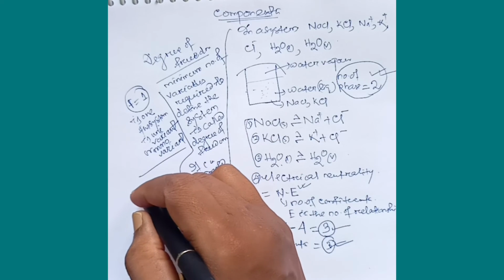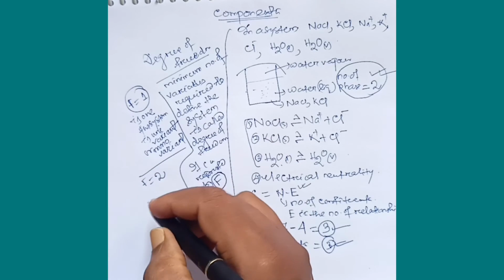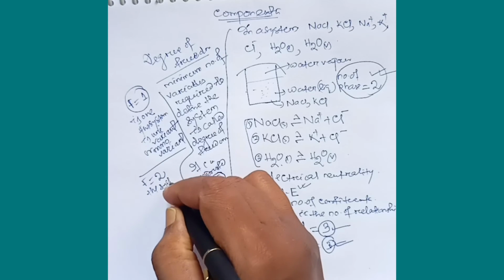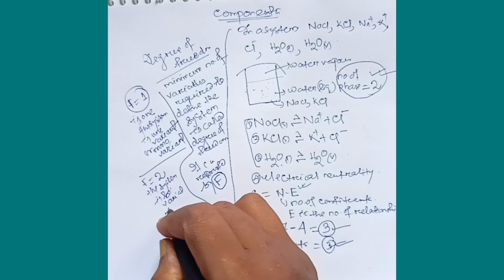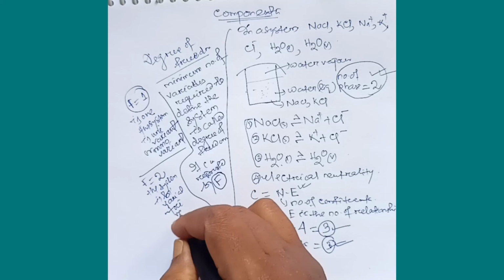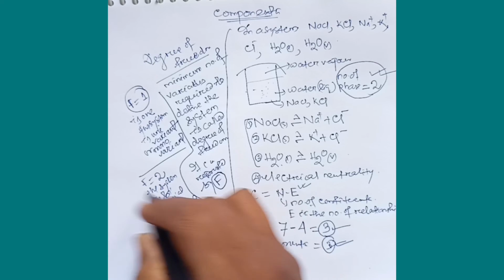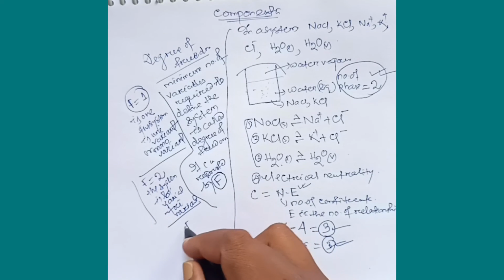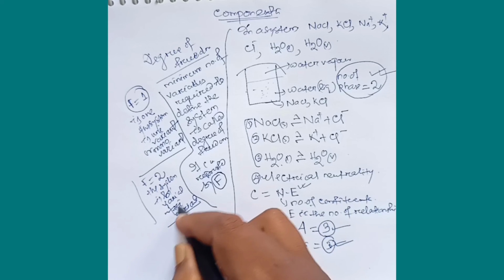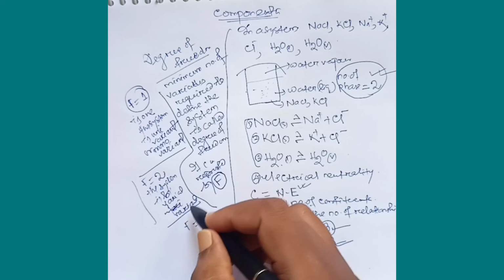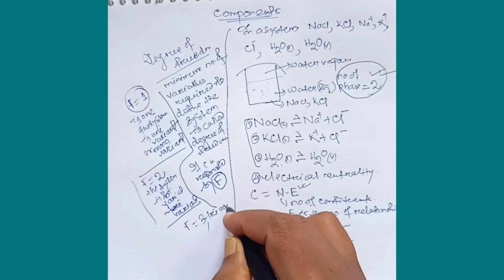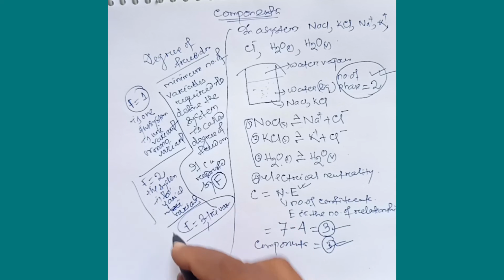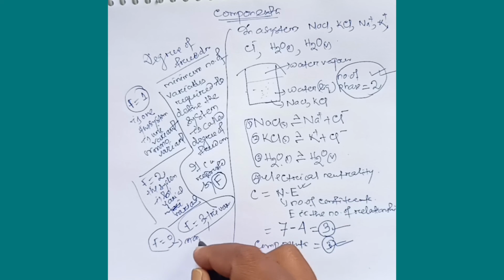Similarly, if F equal to 2, the system is bivariant. Similarly, if F equal to 3, it is trivariant. And the most important point is, if F equal to 0, it is called non-variant.